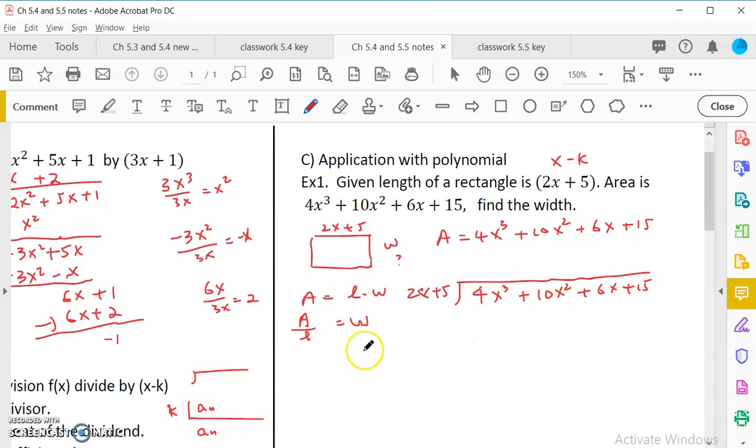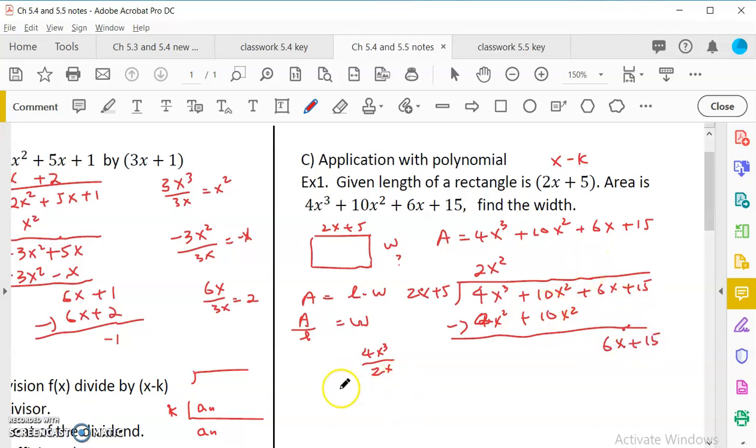So just remember, first term divided by first term. So it's 2x squared. So it'll be 4x cubed plus 10x squared. Subtract, everything goes away, so nothing to bring down. So I bring down 6x plus 15.